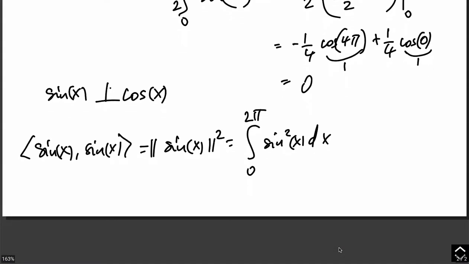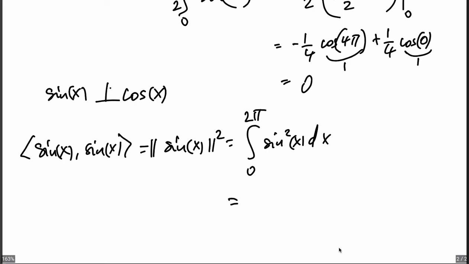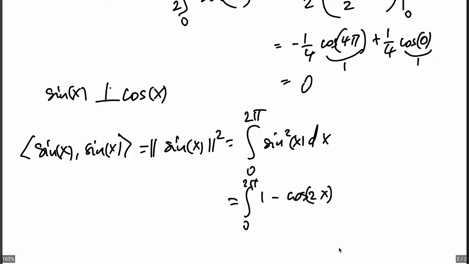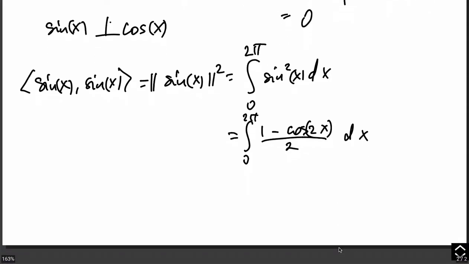Again, calculus 2, how do we integrate sine square? So this can be now integrated using the half angle double angle formula. So this is 1 minus cosine of 2x that we have to integrate, divided by 2.